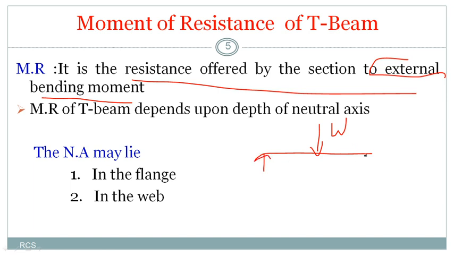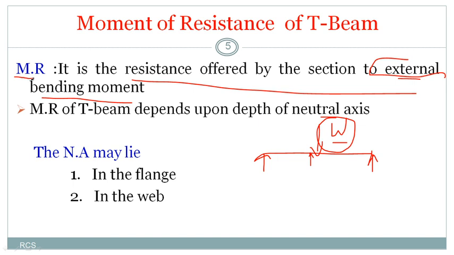This is called the bending moment due to externally applied load, so I can call it the external bending moment. Now our beam is in a position to offer resistance against this applied bending moment. The resistance we get from this beam is called the moment of resistance, generally abbreviated as MR.